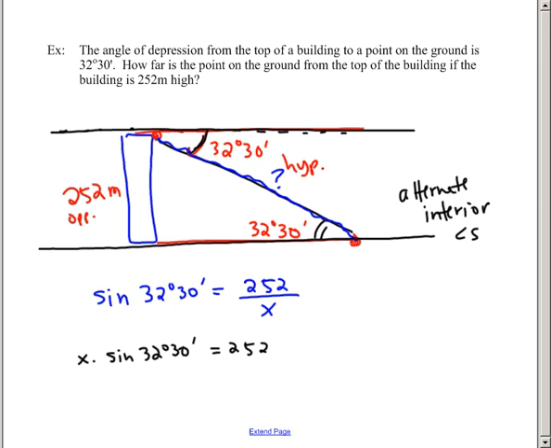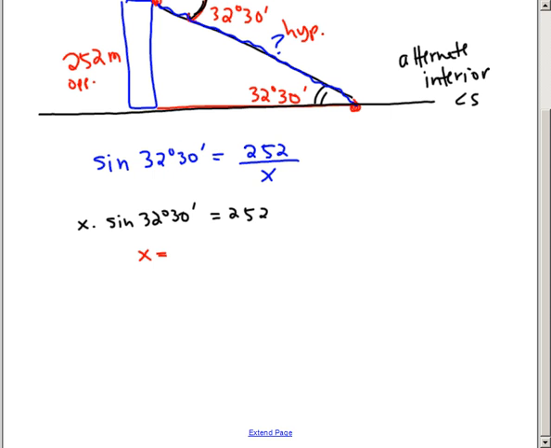I'm just solving this for x. You could have just flipped everything upside down, but sometimes that bothers you guys, so I'm trying to step through that process. So I have 252 divided by the sine of 32 degrees and 30 minutes. These are meters.